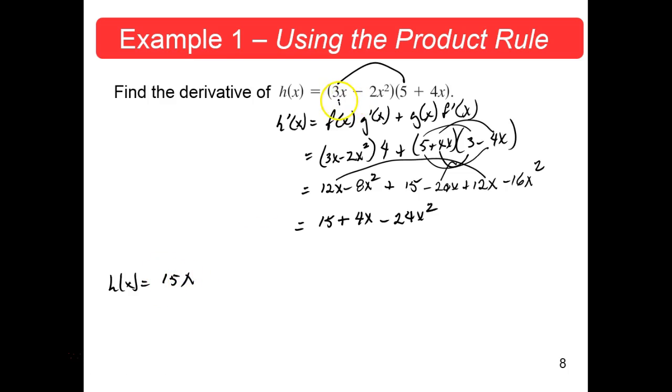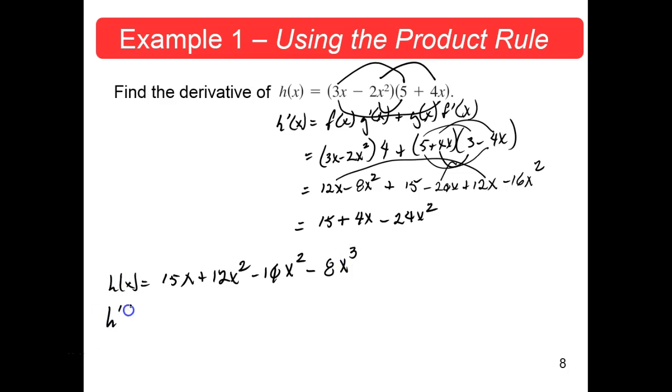15x. Then the outer is plus 12x squared. Then the innards are negative 10x squared. And then the last is negative 8x to the third. Good.